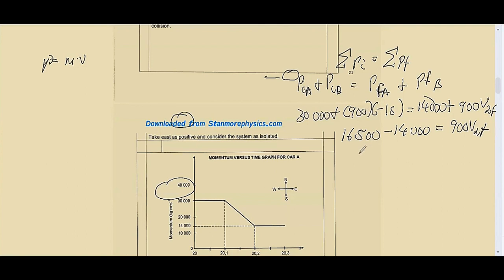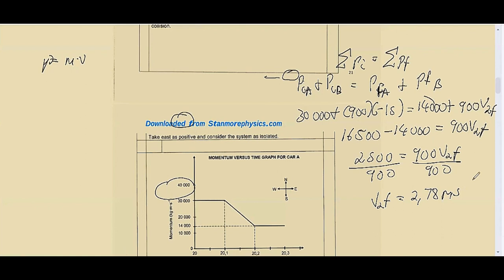That's equals to 2,500. Then we still have the 900 here. V2F, if we divide both sides by this 900, then our velocity finally for car B is 2.78 meters per second. Since it comes out as a positive, that means it's east.